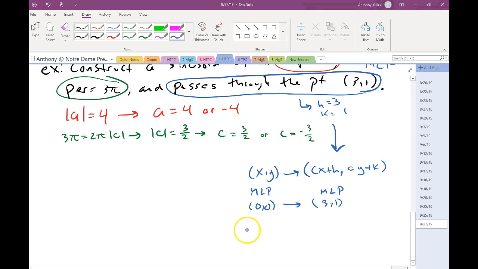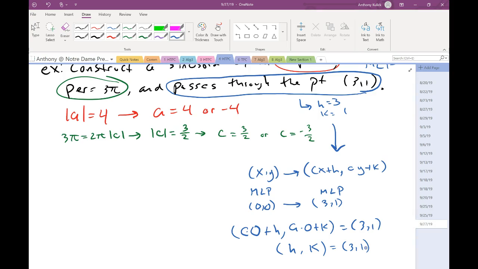If I apply this transformation map, that tells me that C times 0 plus h and A times 0 plus k should give me that point (3, 1). Well, C times 0 plus h is just h. A times 0 plus k is just k. I said that wrong. So I get that (h, k) is (3, 1). Everybody okay with that?